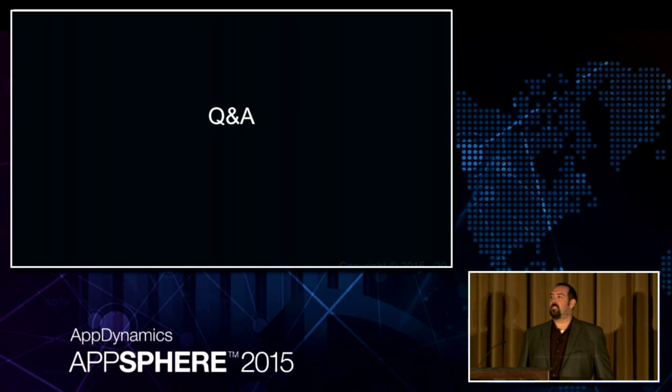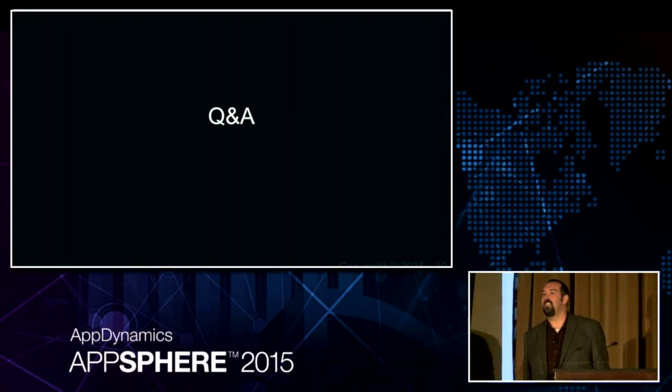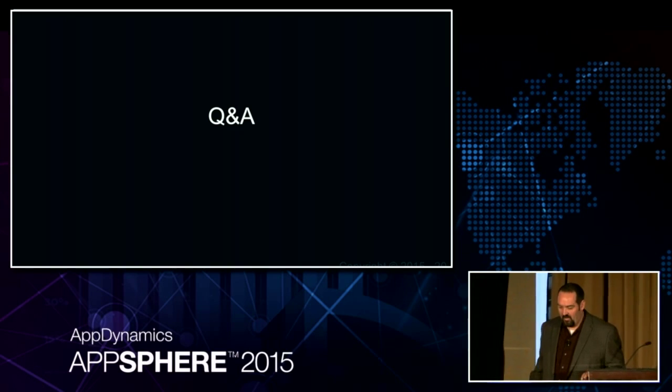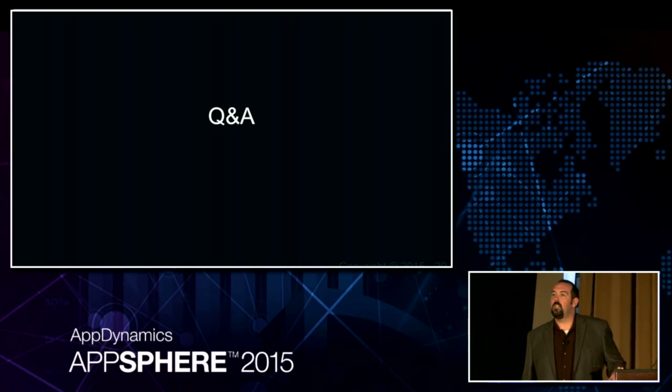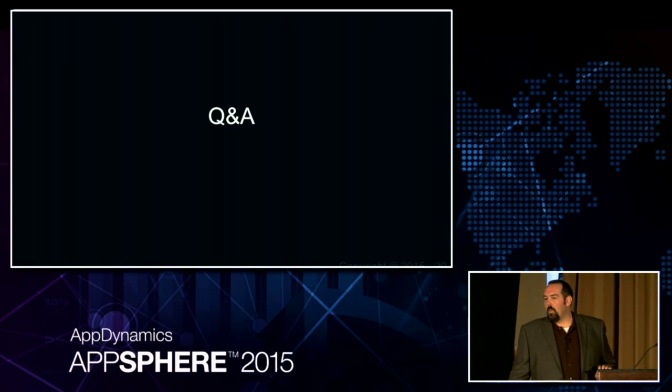Anything else? Oh, sorry, I couldn't see the lights right there. No worries. I think you just answered this question, but when you were dealing with the high volumes of transactions, having AppDynamics do the analysis on all those transactions and provide those metrics, have you had any configuration issues with MySQL and stuff like that, databases? No, one of the largest hurdles that we've had is actually on our queues, ActiveMQ.